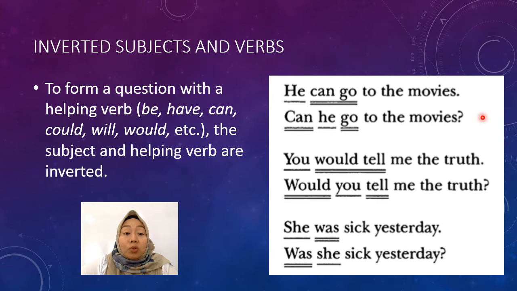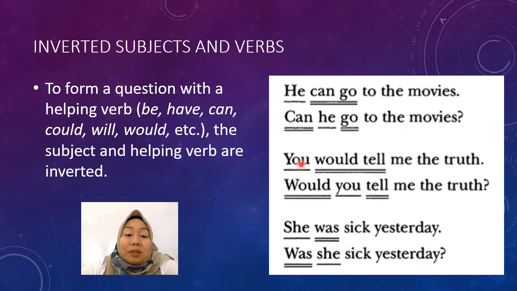If we want to make a question out of this sentence, then we need to invert the subject and verb. So the question will be, can he go to the movies? See, the subject and the verb are inverted.